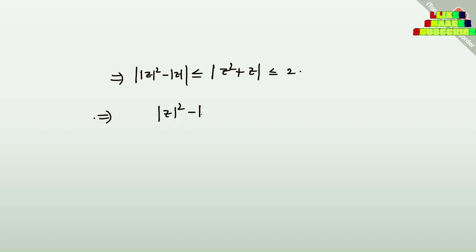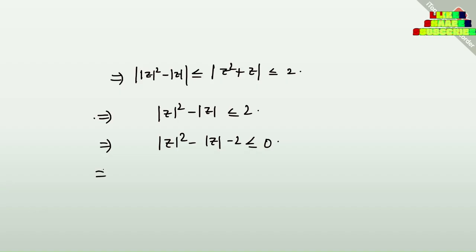Now we can rewrite mod of Z square plus Z is always greater or equal to mod of Z square minus mod of Z, and therefore this is less than or equal to 2. Now this can be written as mod of Z square minus mod of Z is less than or equal to 2, and this can be written as mod of Z square minus mod of Z minus 2 is less than or equal to 0.